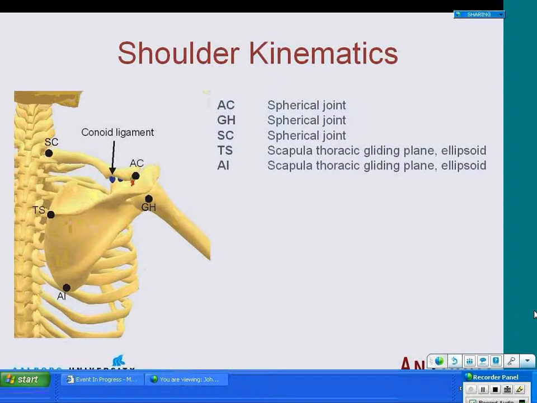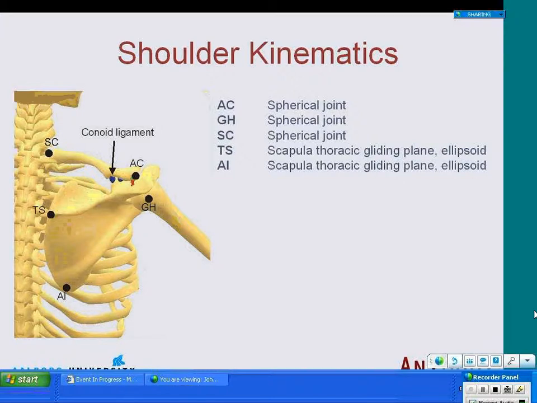And the way we have modeled this is that we have a sternoclavicular joint that joins the clavicle to the thorax, and then, as the connection between the scapula and the thorax, we have a couple of contact points, the ones called TS and AI here, and those contact points are sliding on an ellipsoid surface, which is invisible here, but which is mimicking the shape of the rib cage.